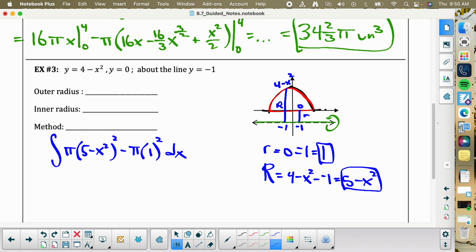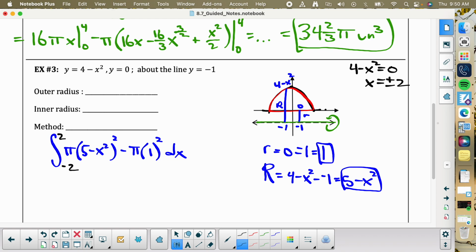The x values you're gonna have to find when this is equal to that. You cannot do it in terms of what?